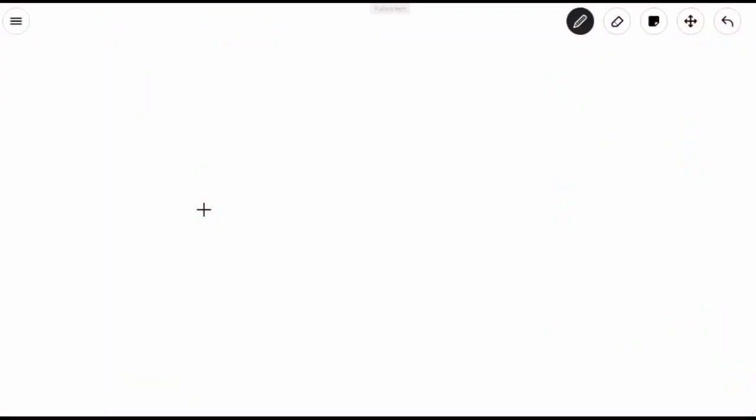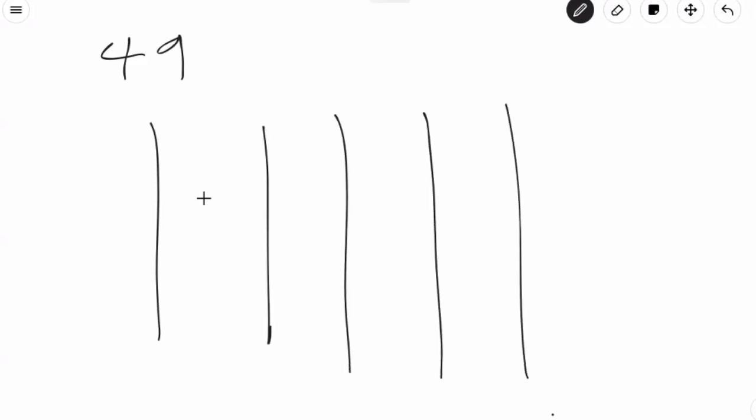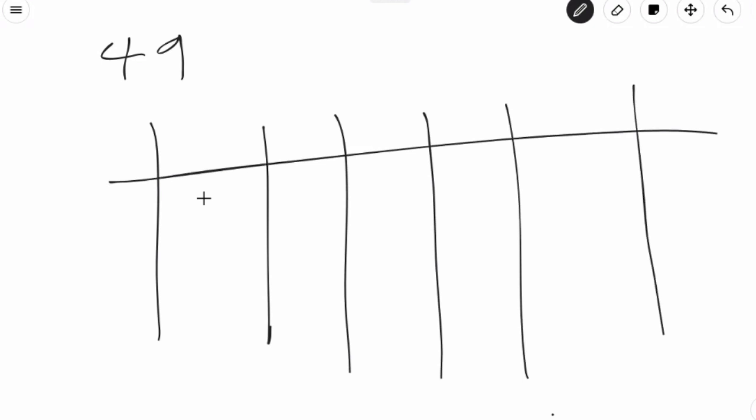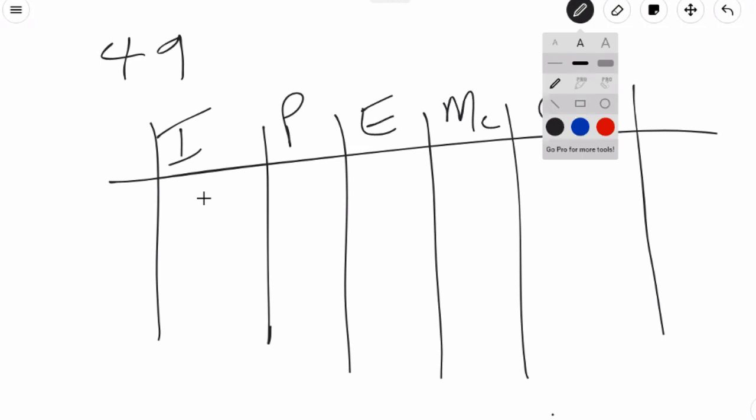So let's take a look at the whiteboard really quick here. You know that there are 49 processes, okay? First of all, you need to know the breakdown of these processes and how they are bucketized, because that's going to help you keep track of them. So we have initiating, planning, executing, monitoring and controlling, and closing. You probably already know that.